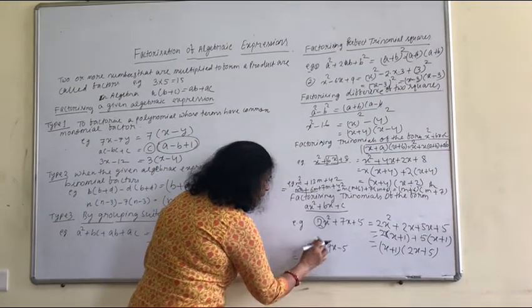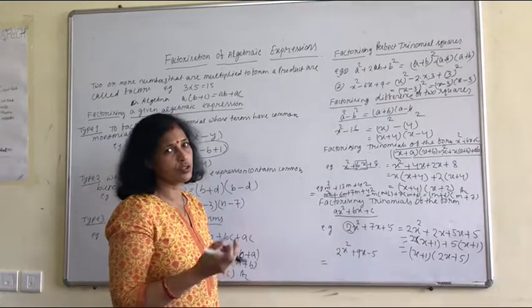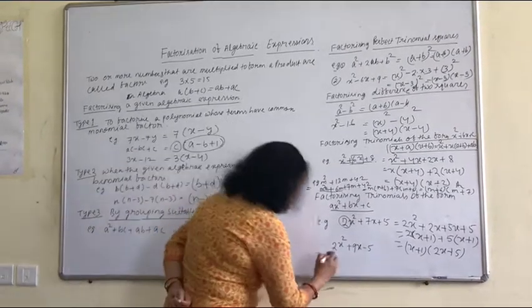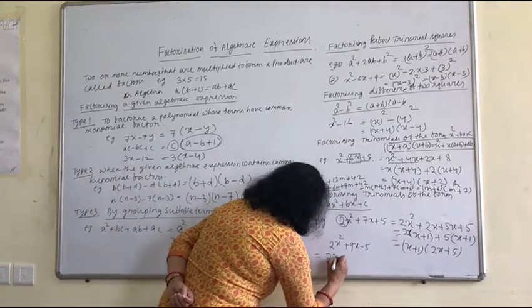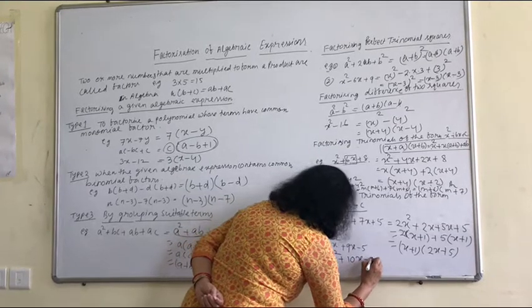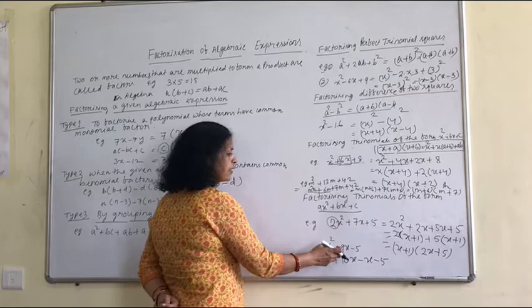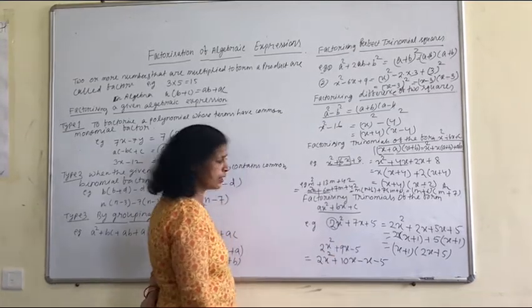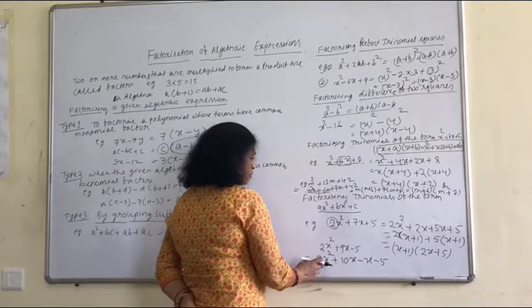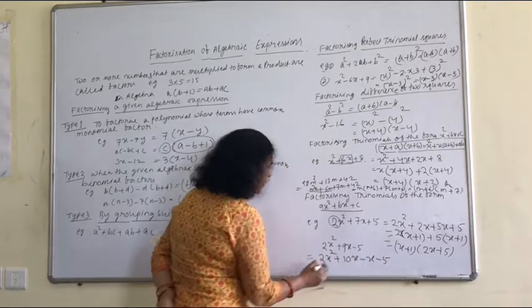So you can break 9x as 10x minus x, since 10 minus 1 is 9. So 2x square plus 10x minus x minus 5.